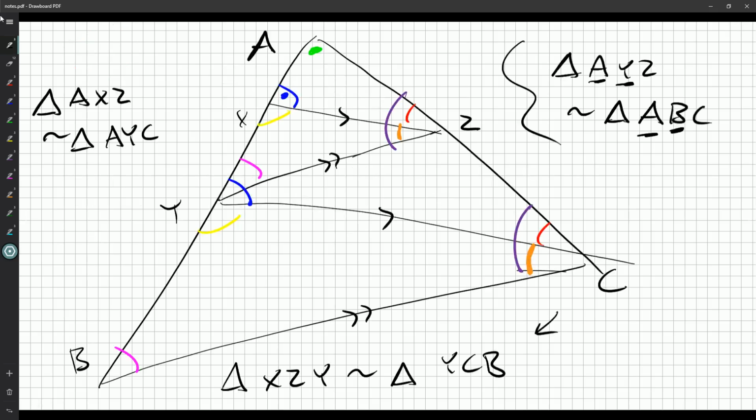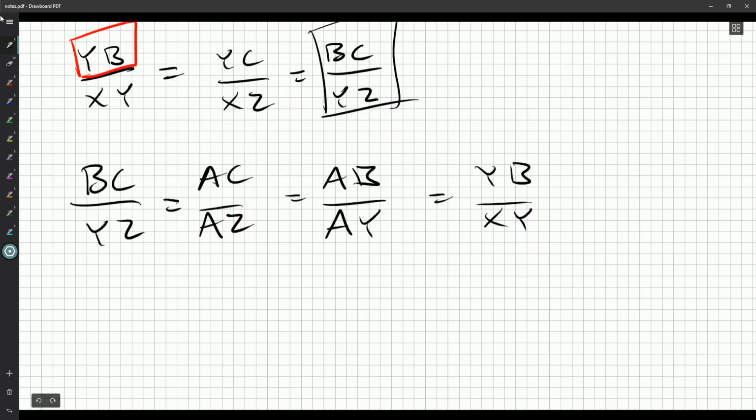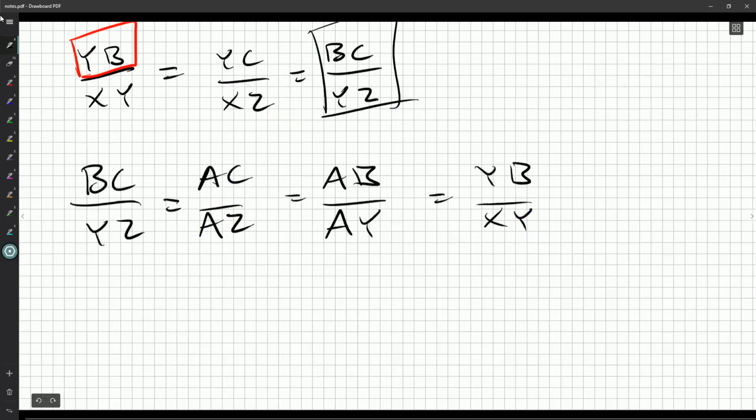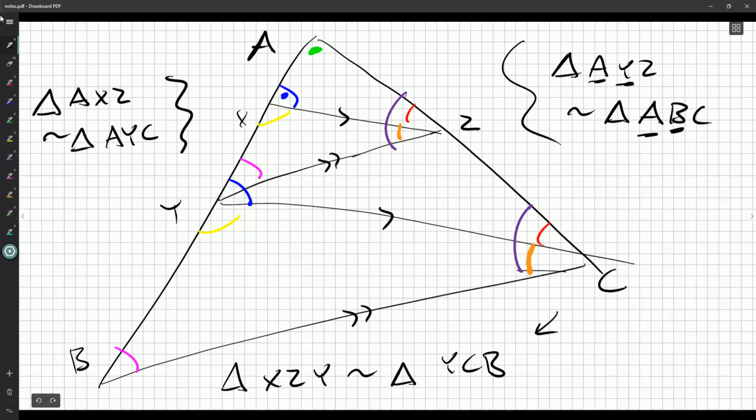And then can we do something similar? AX and AY, YC. Oh, AY is in both of them. AC and AZ is also in this pair. That's what we're looking for. So AC to AZ. AC is over AZ.